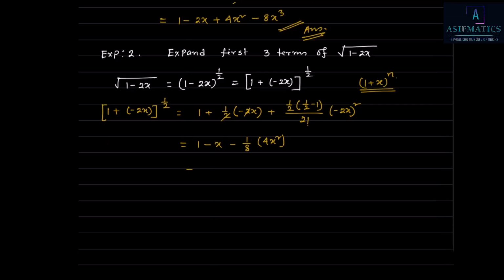Okay, so finally it will be 1 minus x minus 1 by 2 x square. So that is the answer for the first 3 terms.